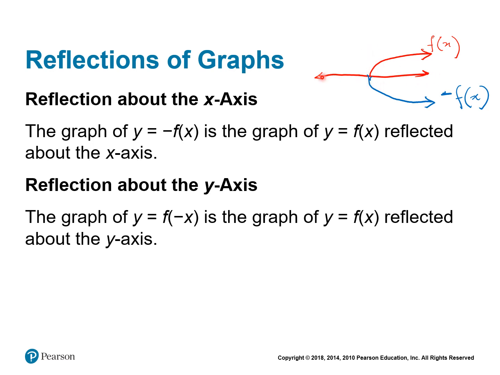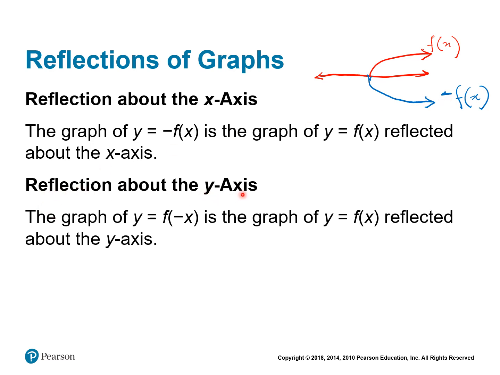So think of the mirror as your x-axis. The original graph gets reflected across the x-axis, so it appears on the other side, and that happens when all the y values get negated. All right, so all the y values are negative y values.